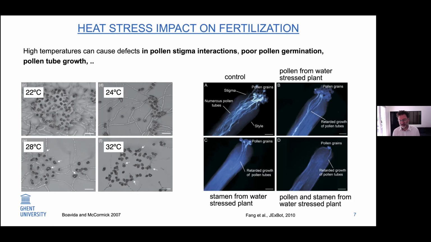I didn't find a nice example like this one for heat stress, but it has been reported that heat stress can also affect pollen germination and pollen tube growth when pollen are being heat stressed. It actually can also be reduced when the flower organs, the female flower organs, are heat stressed. So in both cases, fertilization.